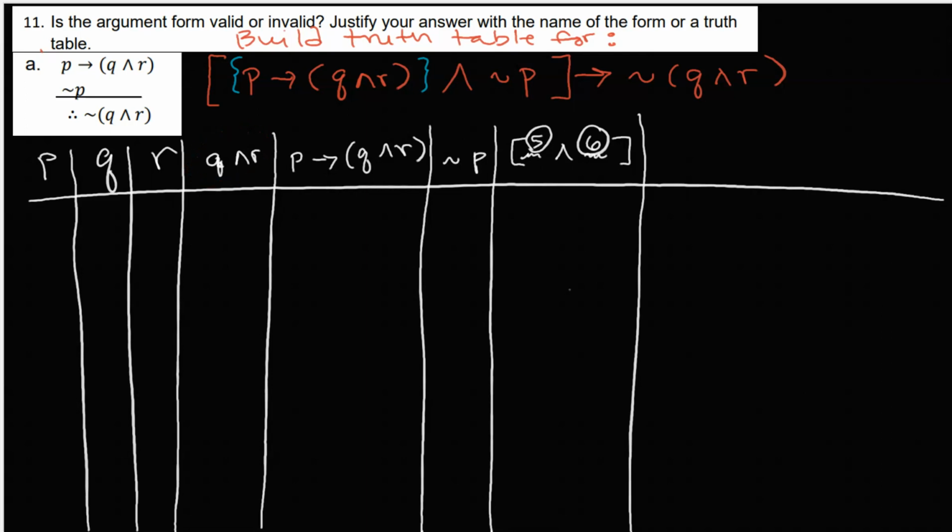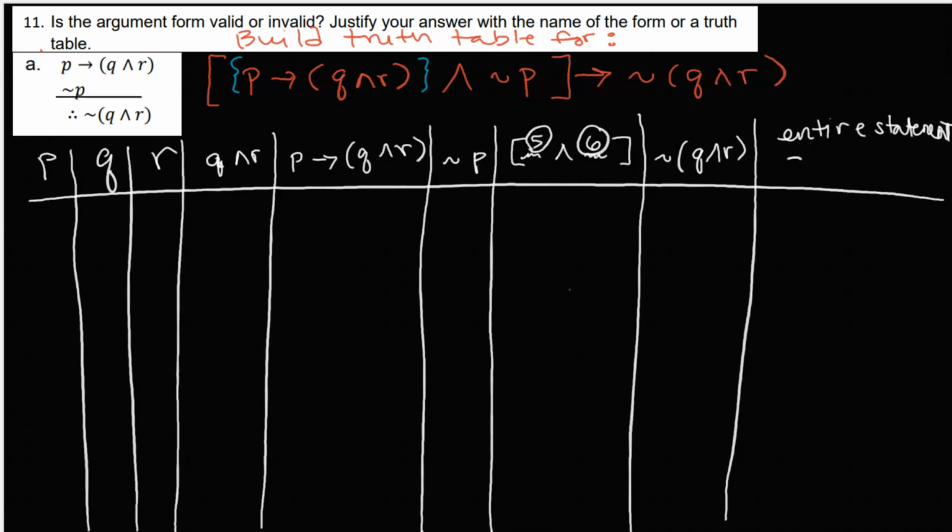So now we just need the negation of Q and R. And then we would say the entire statement right here. And the entire statement would be column number 7 to column number 8. Okay.